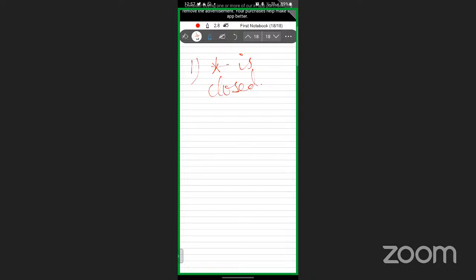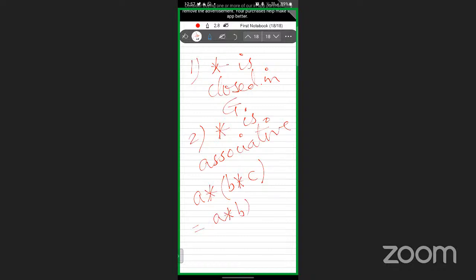Second property is star should be associative. That means if I take any elements A, B, and C and perform these operations in sequence, this should be the same as A star B star C.